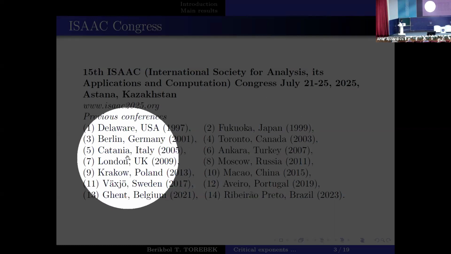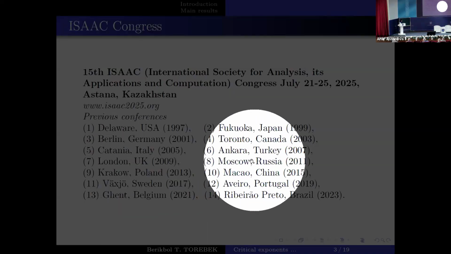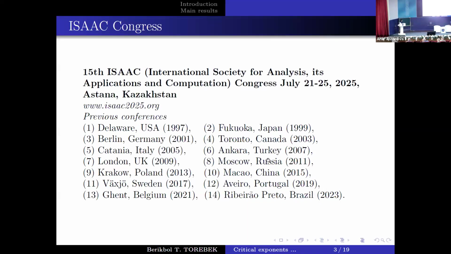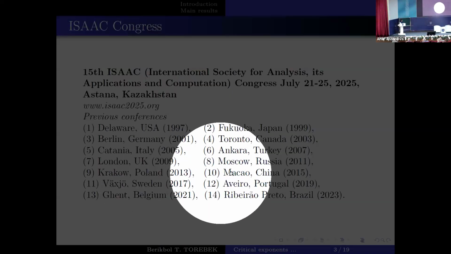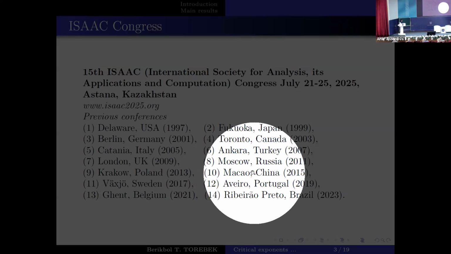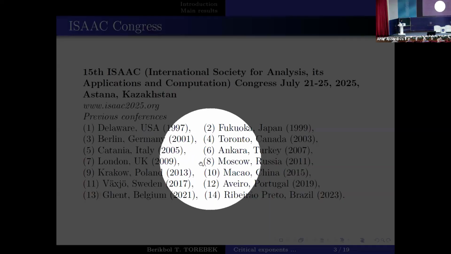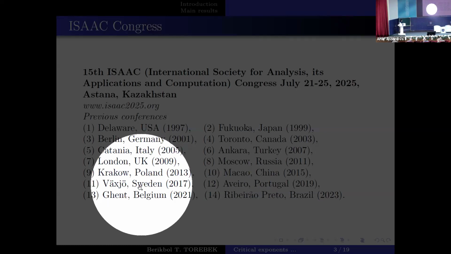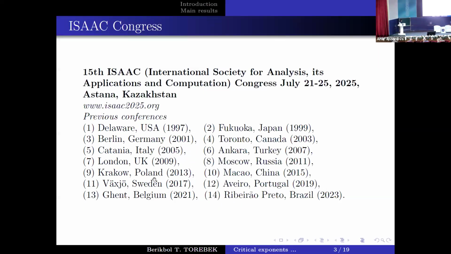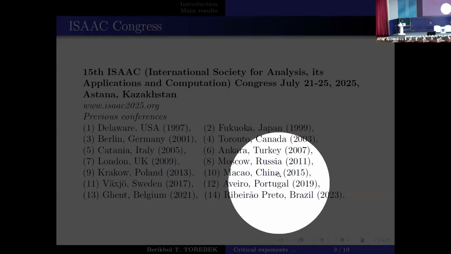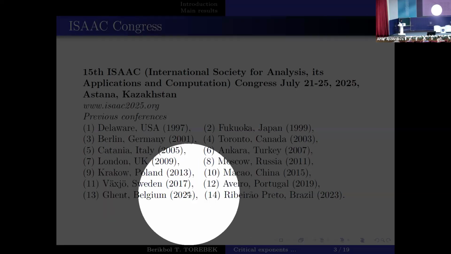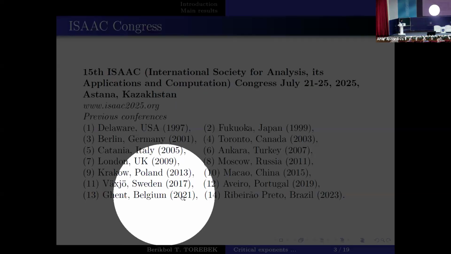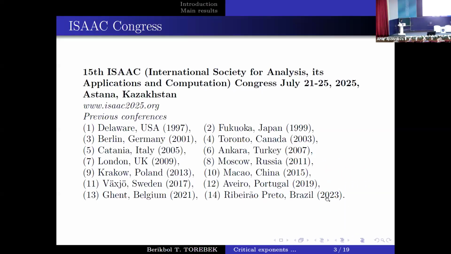Later, the seventh Congress was in London, UK, and the next ones in Moscow and in Krakow, Poland. The 10th Congress was in Macau, China. Then in 2017 in Sweden, in Portugal in 2019, and in Ghent, Belgium in 2021. The last one was in Brazil in 2023.